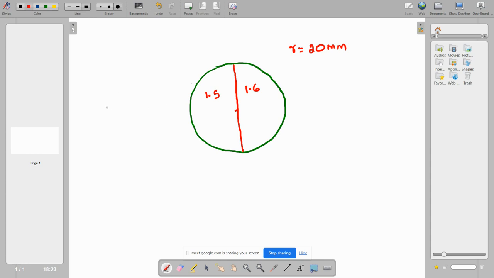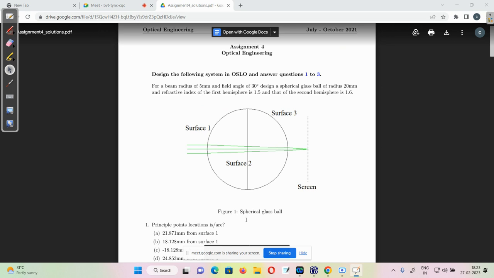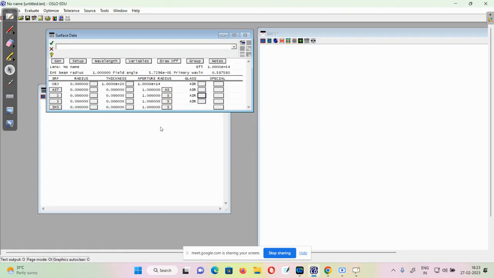Now in Oslo, let me go through it. Oslo is saying that some rays are coming from here, so the beam radius and field angle we will give. Beam radius they said is 5 mm, so I am giving 5 mm.